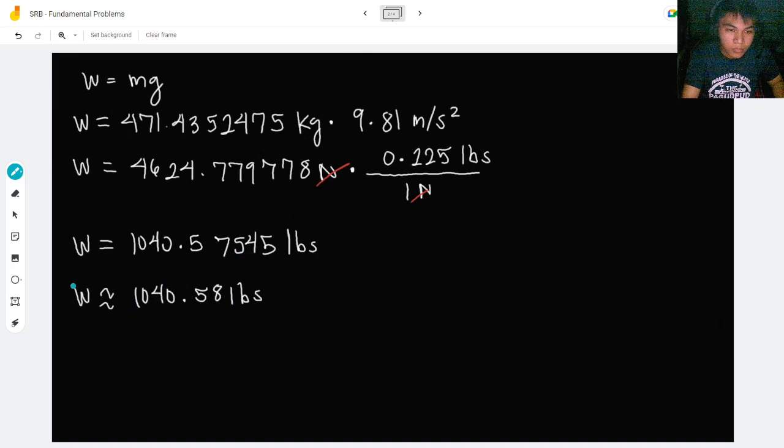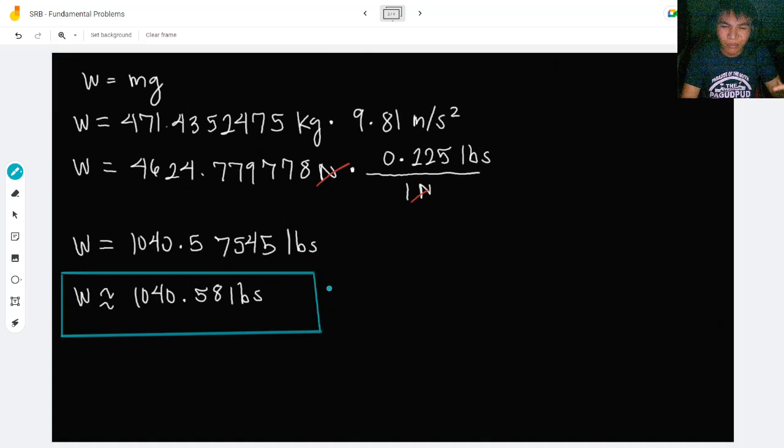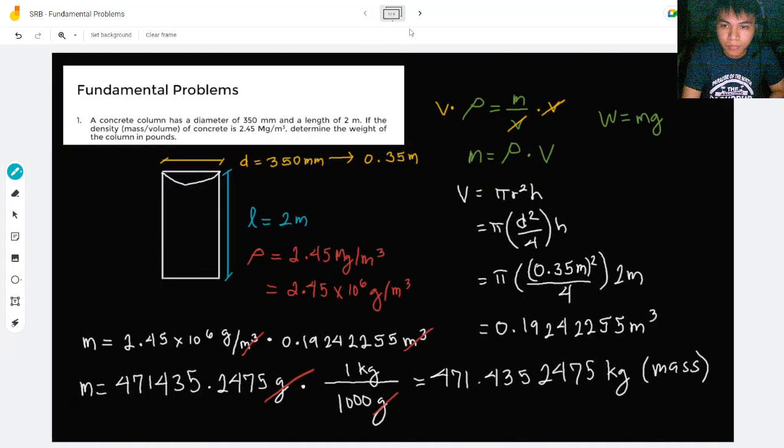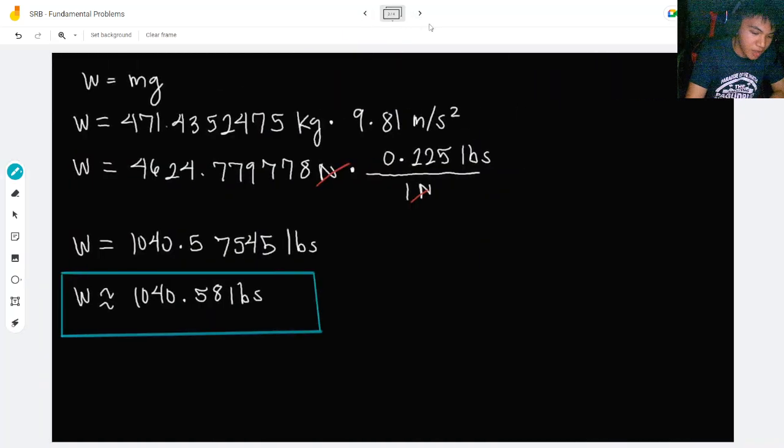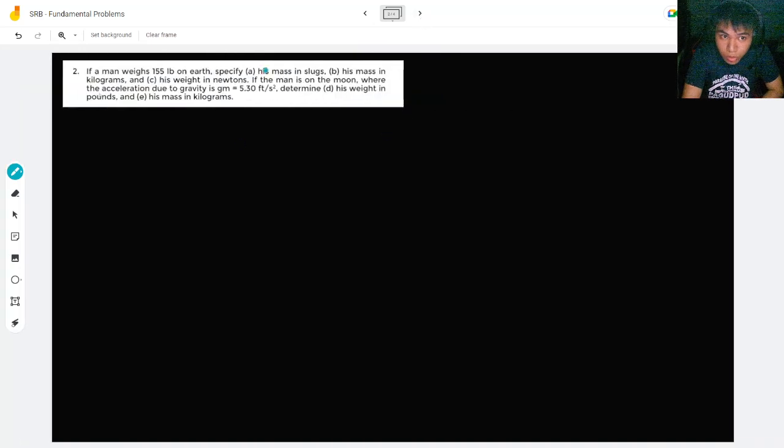So that is fine. And maybe on tests, that is fine also, since we don't really have the time to write all those values down. So yeah, this is our answer for the first problem. Very nice. Now we will move on to our second problem.